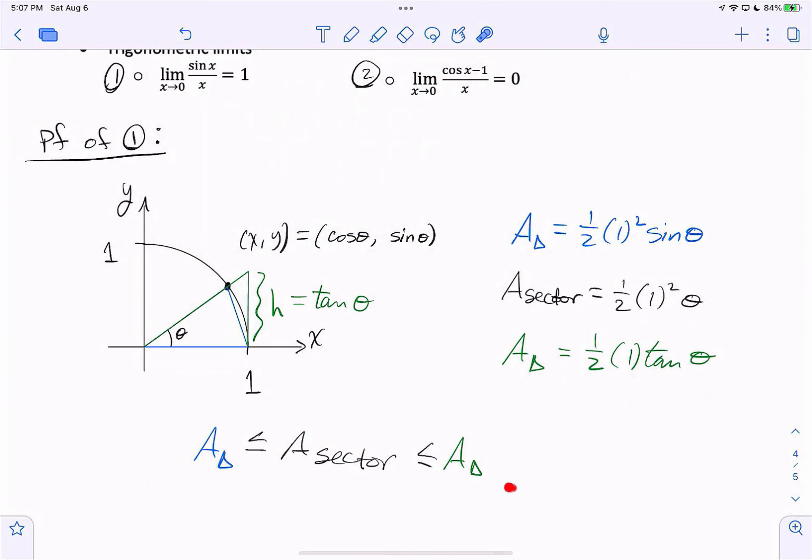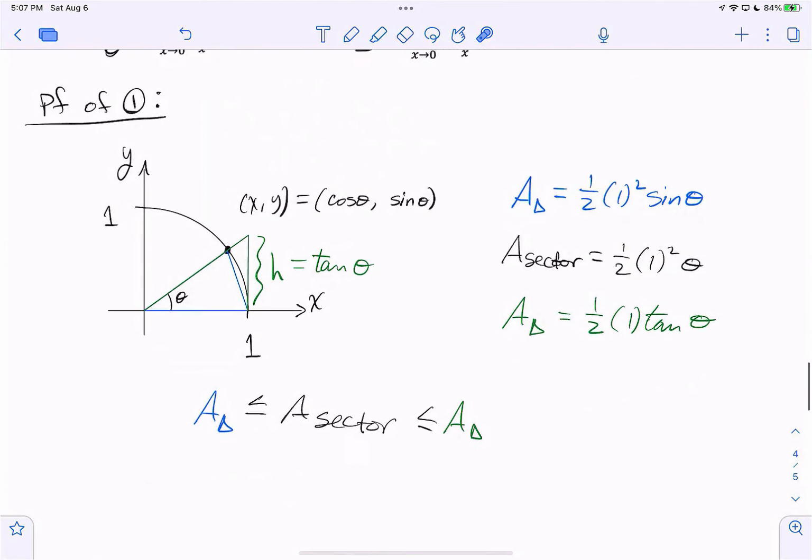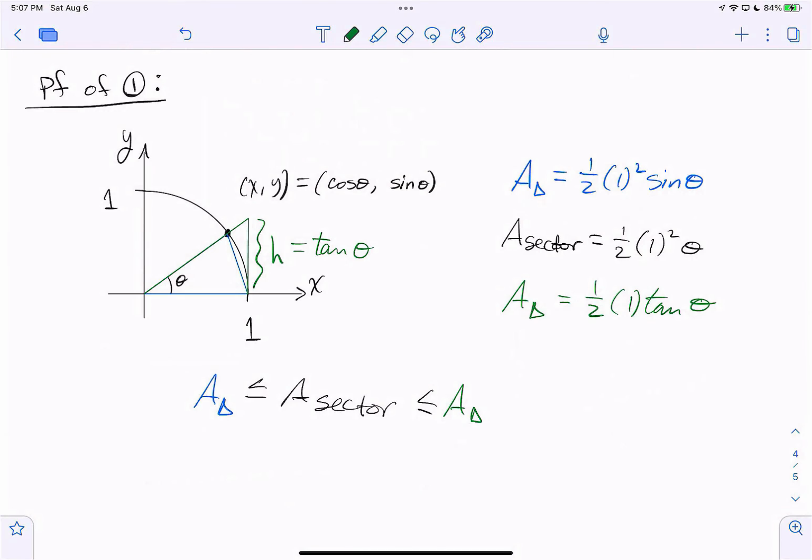So now I have an ordering of these areas, and I have these areas expressed in terms of theta. So 1/2 times the sine of theta is less than or equal to 1/2 of theta, which is less than or equal to 1/2 of the tangent of theta.